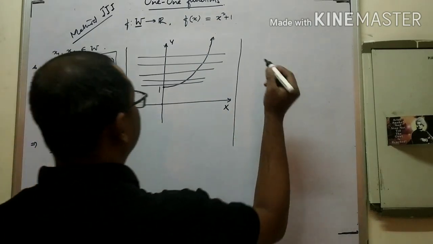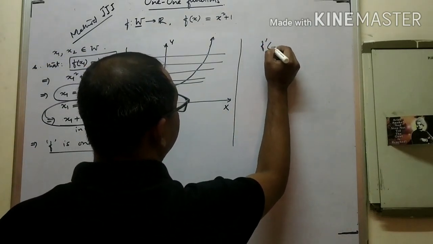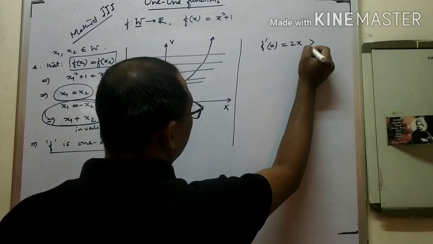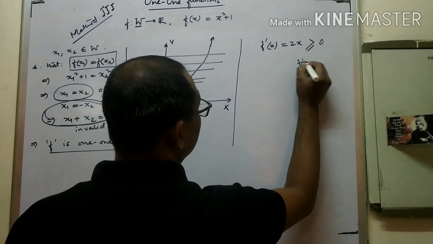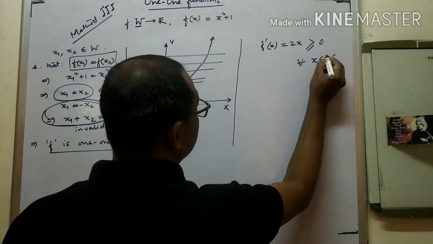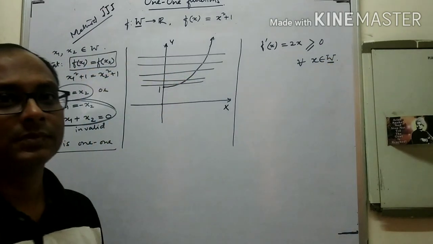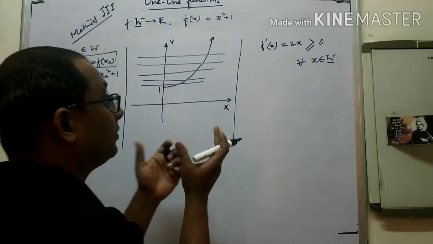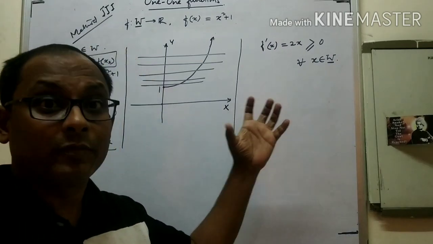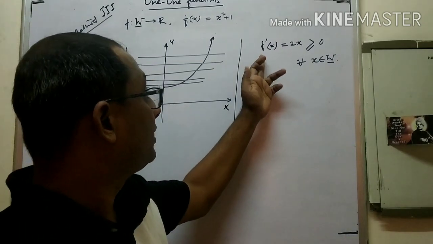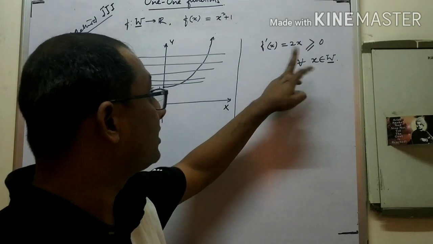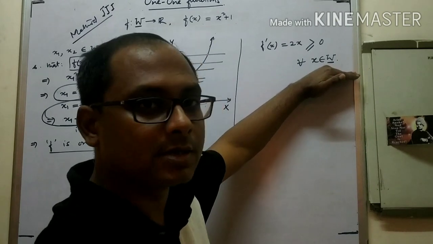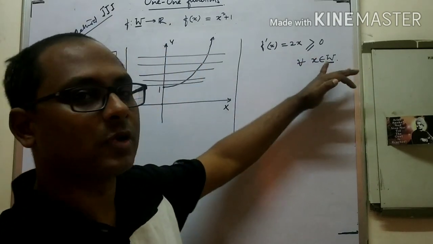Okay, the third method, f dash x equal to 2x. Is it not greater than or equal to 0 for all x? Because x are now whole numbers. Okay, so f dash x equal to 2x. So we can exclusively find out the sign of f dash x for the entire domain, that is whole numbers, and f dash x is positive.